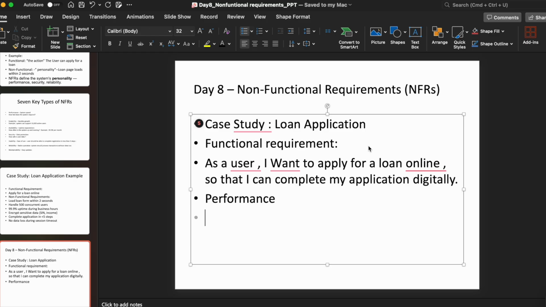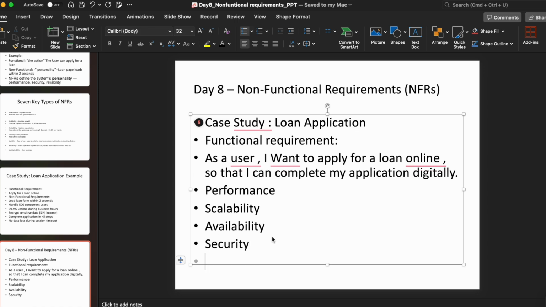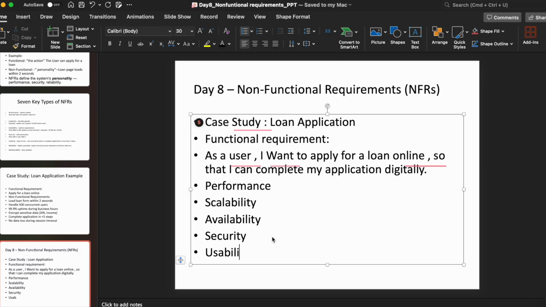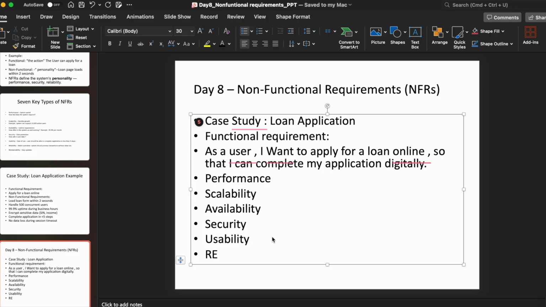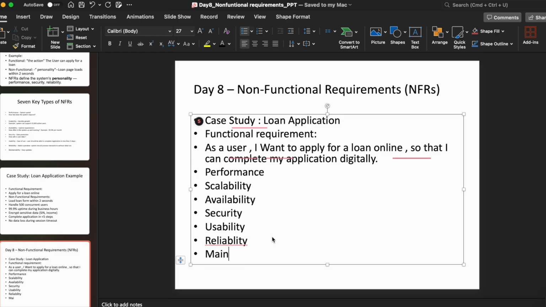I think one by one we will write like this: scalability, availability, and security, and usability, and reliability, and maintainability.